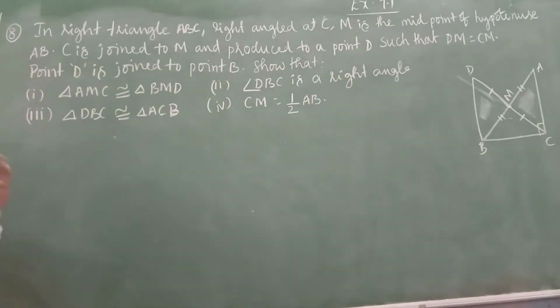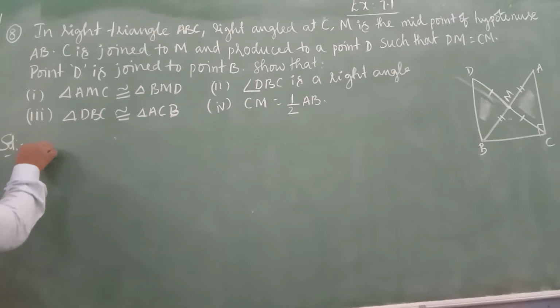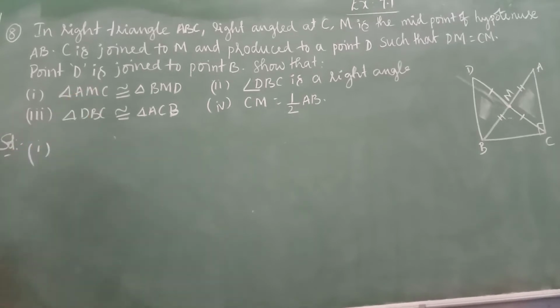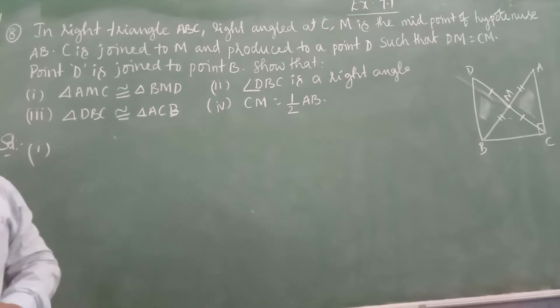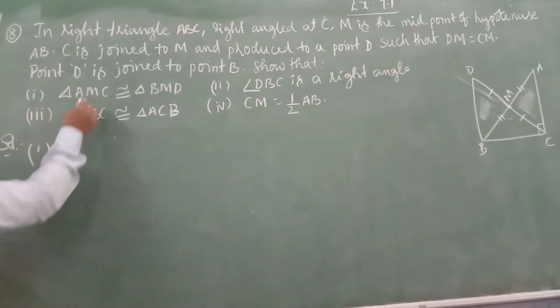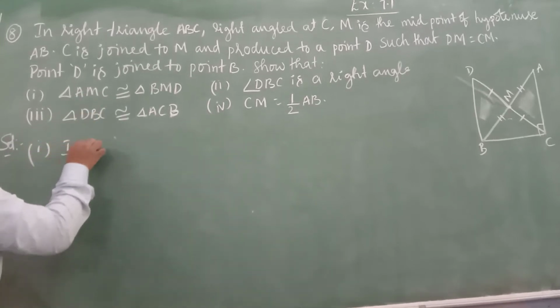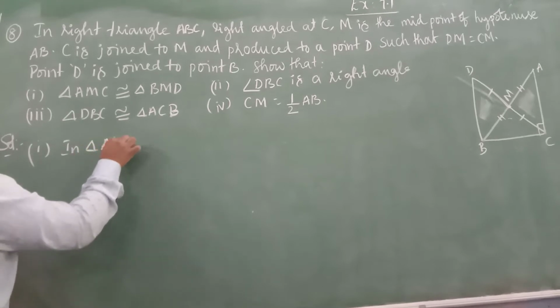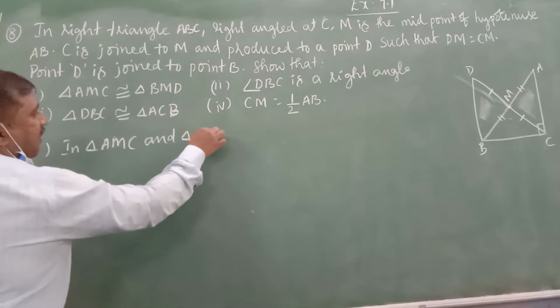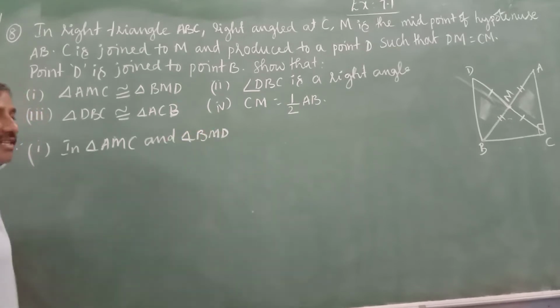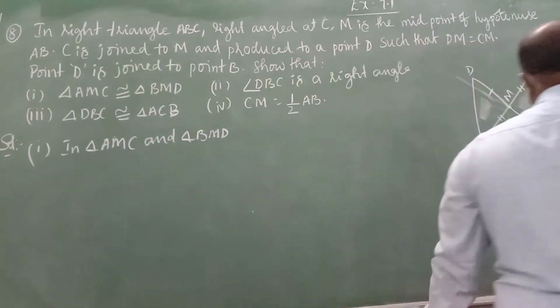So we can prove these questions by using congruency rules. Now the first one: triangle AMC is congruent to triangle BMD. Consider these two triangles, AMC and BMD.